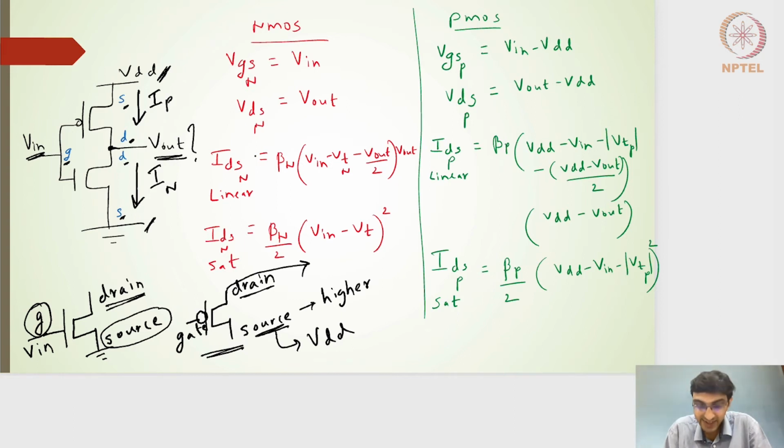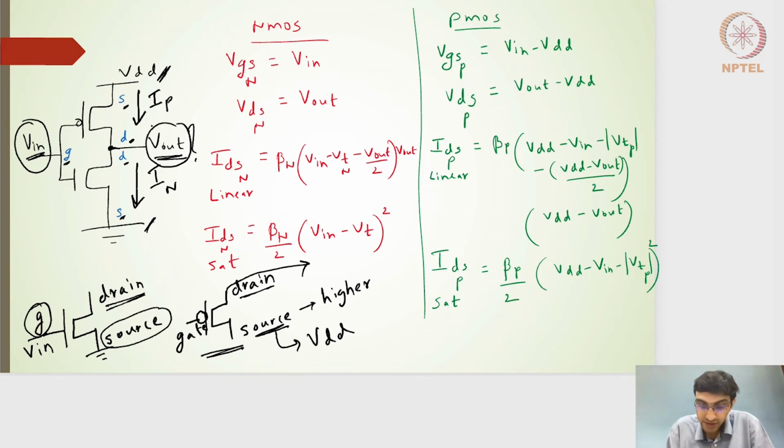We're always writing the current expression in terms of VGS and VDS, right? So the current is always a function of VGS and VDS. So what I'm going to write is the expressions of VGS and VDS in terms of these two new variables, V input and V output.